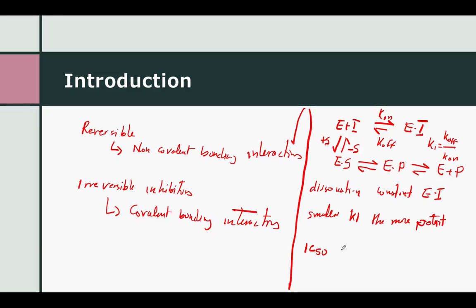The IC50 is the inhibitor concentration that produces 50% enzyme inhibition.